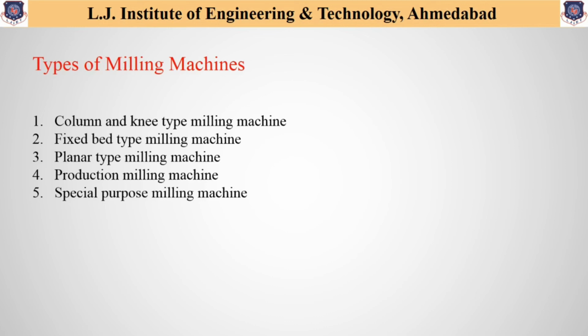In this milling machine, some of the categories available are: first one, that is the thread milling machine. Second one is the cam milling machine. Third one is the profile milling machine.